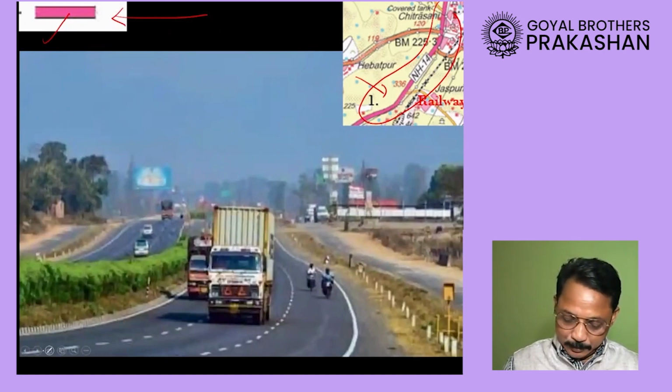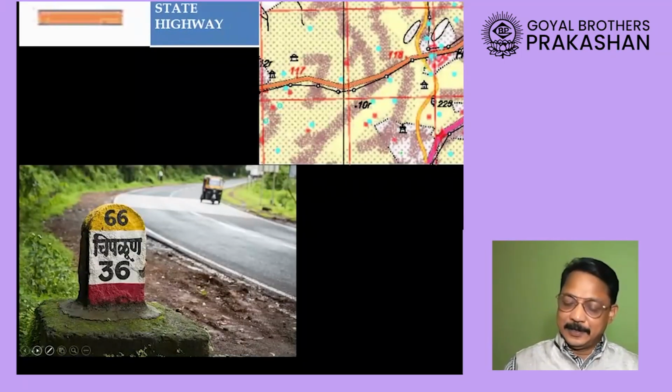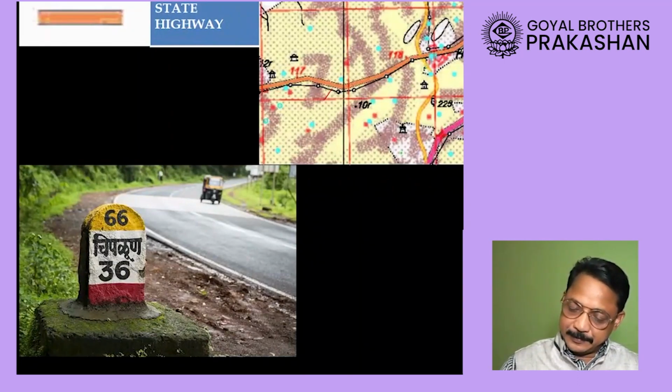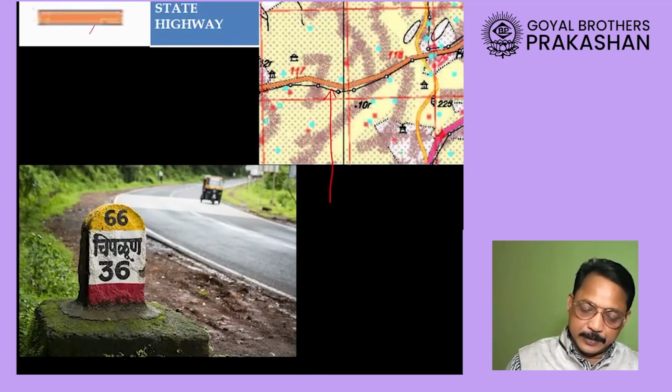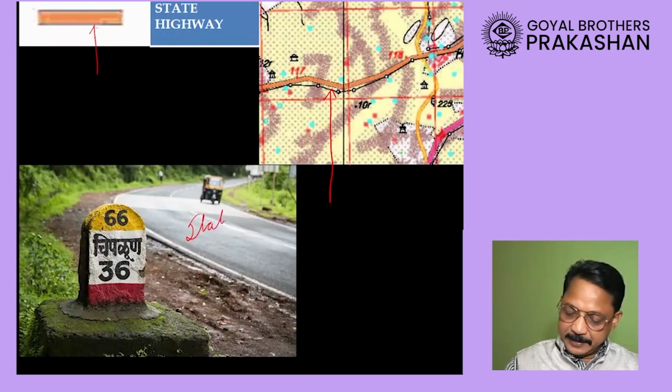Okay, now a state highway. You see here this color which is shown over here. This is the symbol of a state highway. This is also a metalled road. Dear student, now on this state highway you find here a stone.